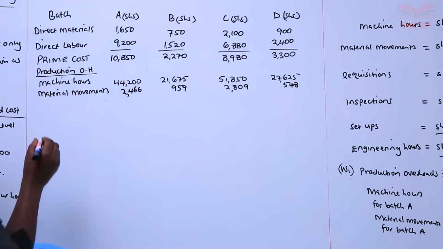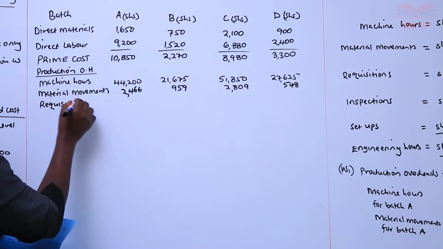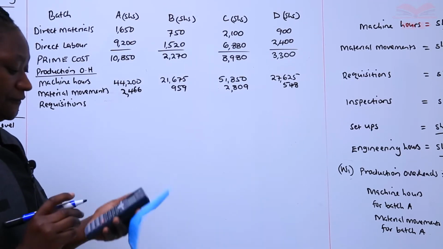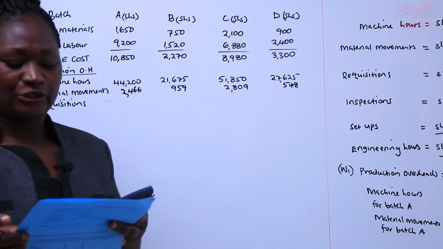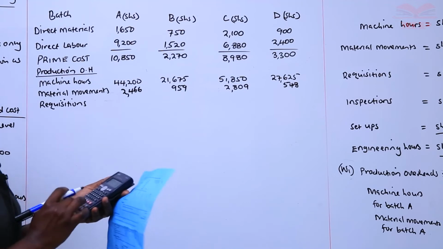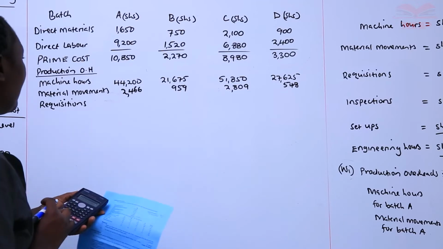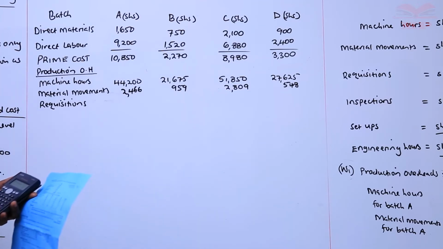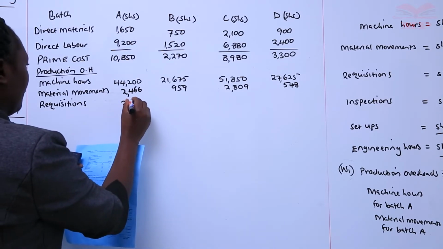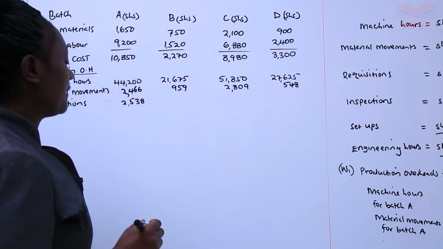From there, we move on to requisitions. So the cost driver rate for requisitions is 63.46, and the requisitions for batch A were 40. So we are taking 63.46, multiplying it by 40. And this will give us 2,538. So requisitions for batch A is 2,538.